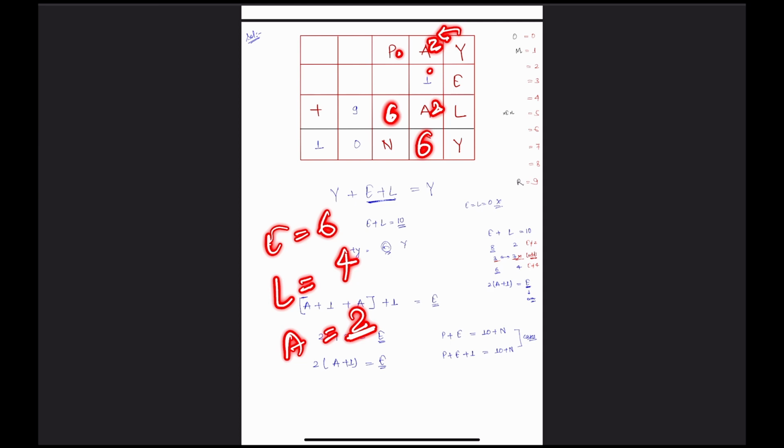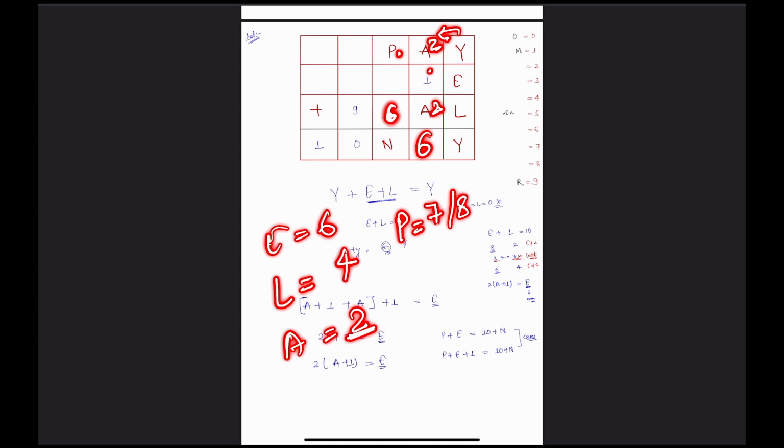If no carry is coming, then 6 plus P equals N. So what could be the possible value? P will be 7; is 7 taken or not? 7 is not taken. P could be 7, P could be 8, anything.